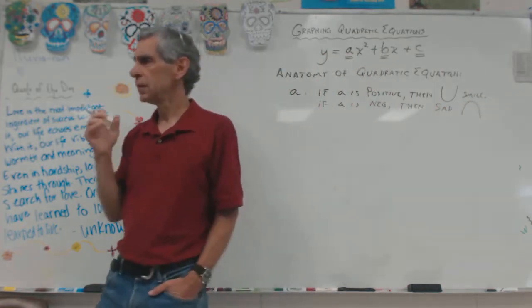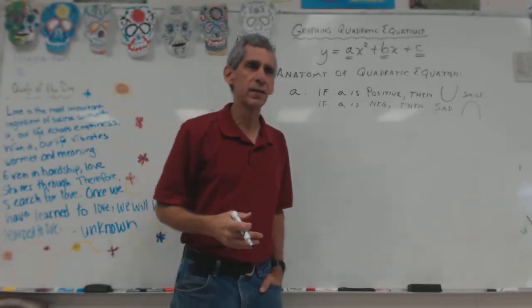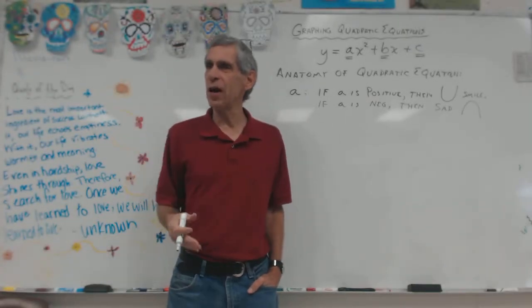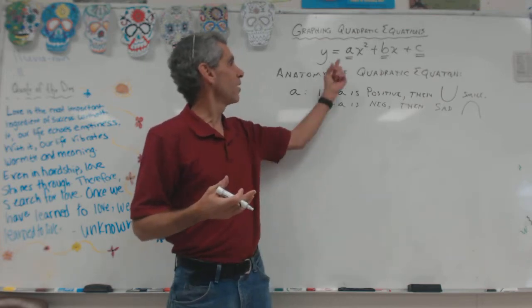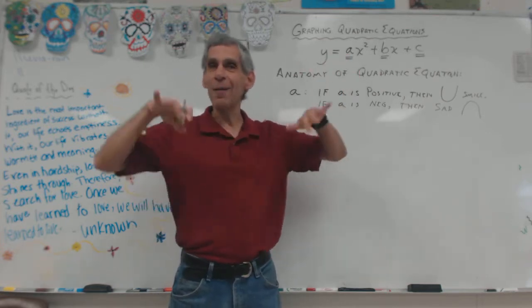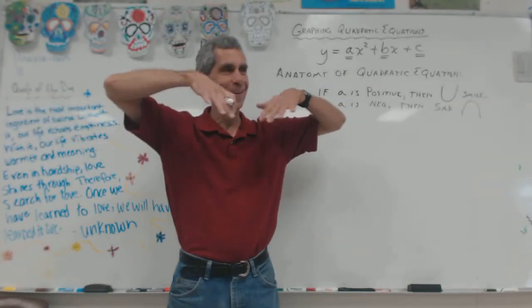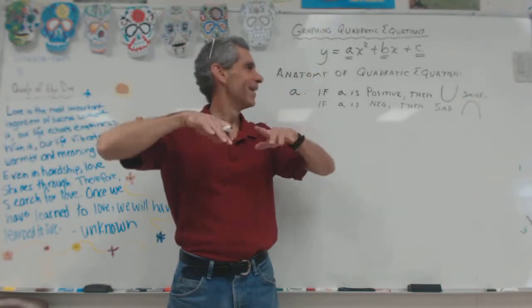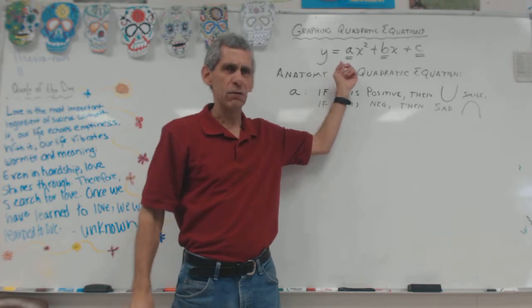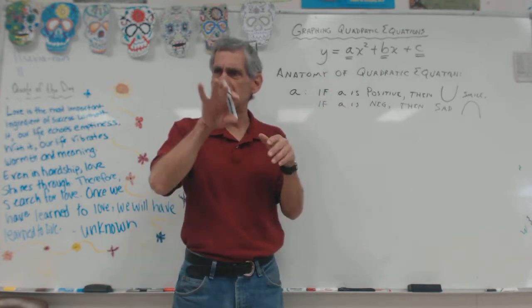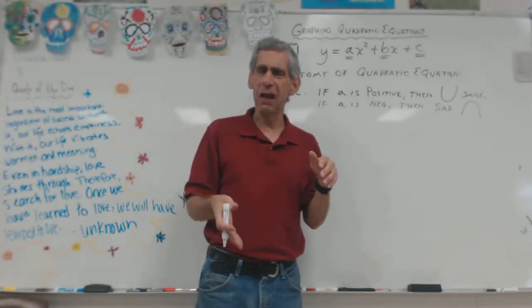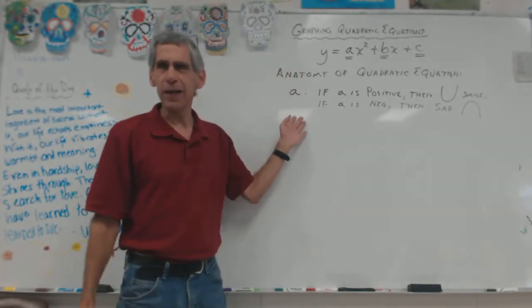And that's obvious. You think positive, happy thoughts, you smile. So when A is positive, it's a happy, smiley parabola. But when it's negative, and you think of negative, bad, horrible, depressing thoughts, it's going to be sad. Very sad. Okay, so that's pretty clear.